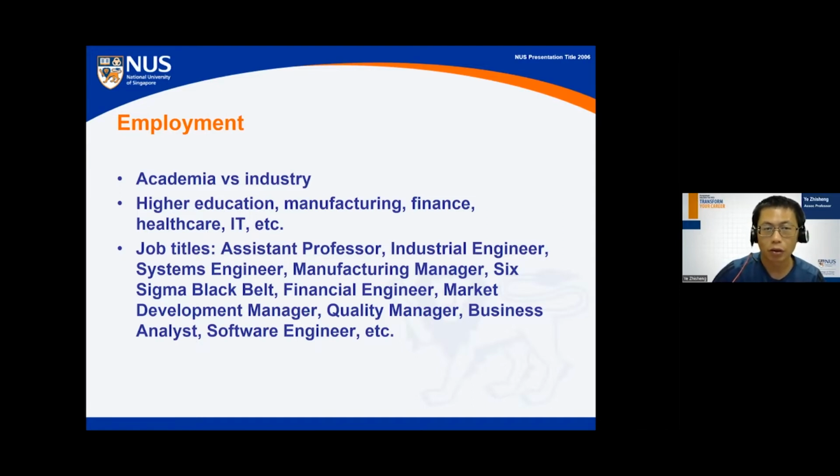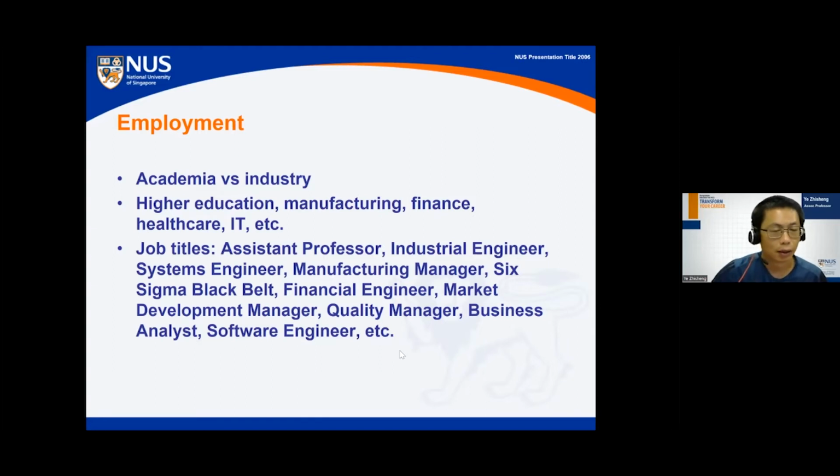If you decide to join industry, which is also a very popular outlet, because in ISE we do research in supply chain, logistics, and data analytics, and these topics are very hot in industry now, many of our graduates decide to join industry and get a very high starting salary. They can go into manufacturing, finance, healthcare, IT, or even become software engineers, and so on and so forth.